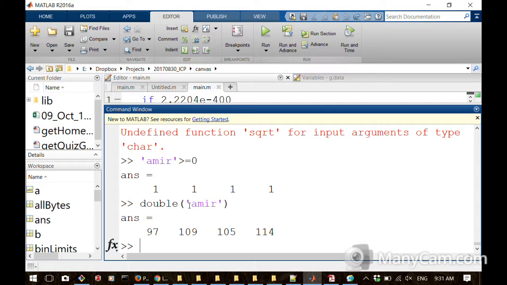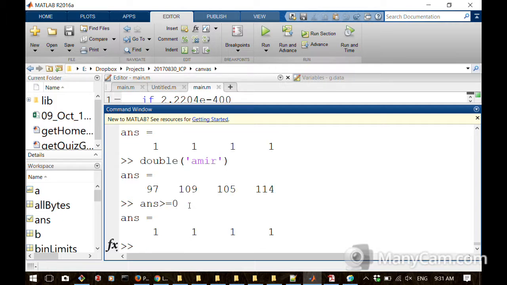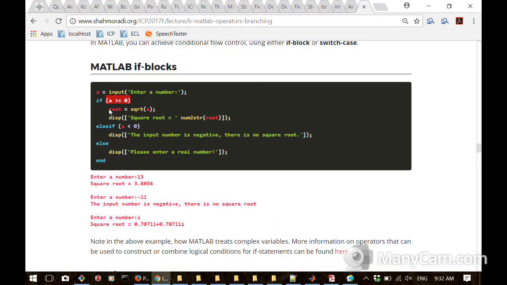And then it compares this whole vector of numbers with 0, to see if they are bigger than or equal to 0 or not. So if I say answer larger equals 0, it gives me all 1s because all the numbers are bigger than 1, right? So it gives you all 1s. And then it all evaluates to 1, which is correct. Then it goes to this step.